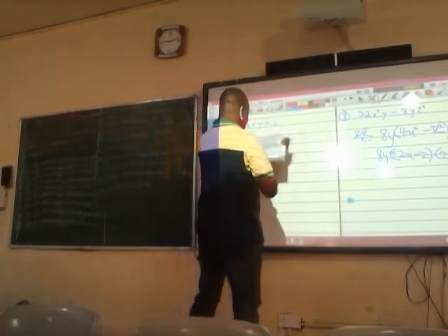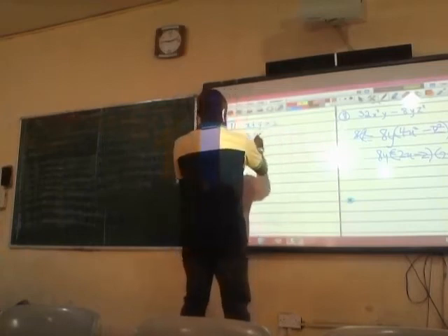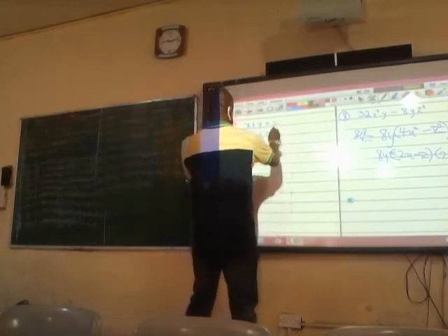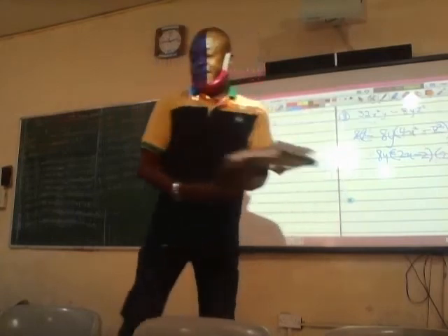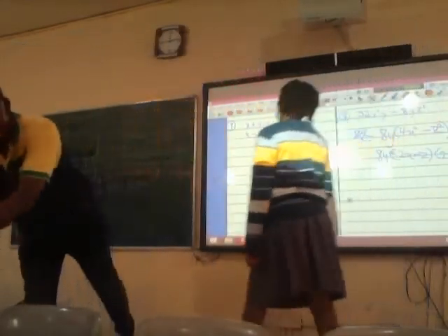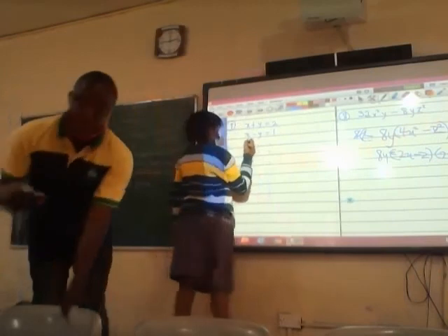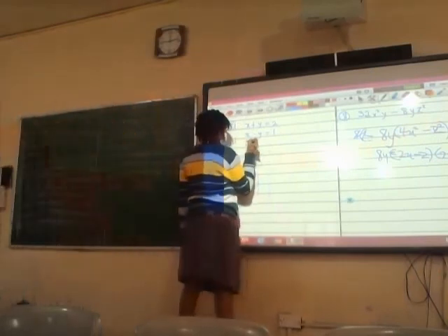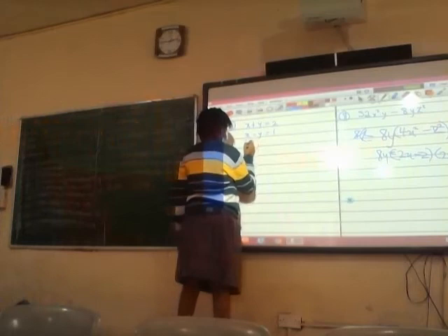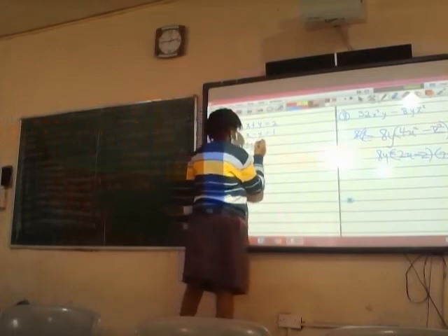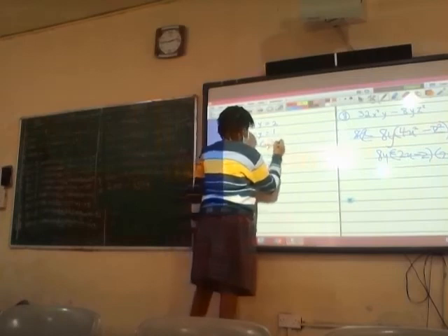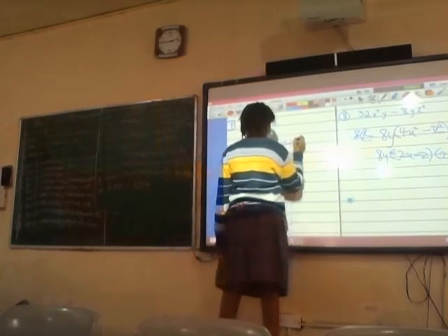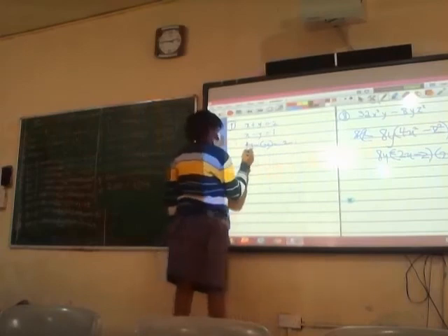In the second equation, x minus y is equal to 1. And you have to solve to find the values of x and y. That's fine, right?